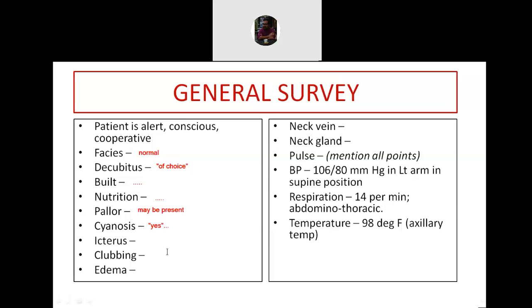We have already listed the possible signs and symptoms of left ventricular failure as forward features. But if left ventricular failure continues, it will also lead to backward features, namely pulmonary edema. So the patient might come with pink frothy sputum, and on auscultation you may get bilateral basal crepitations.